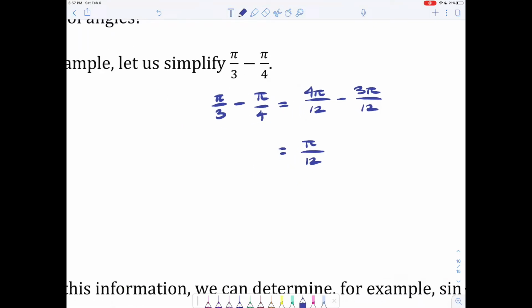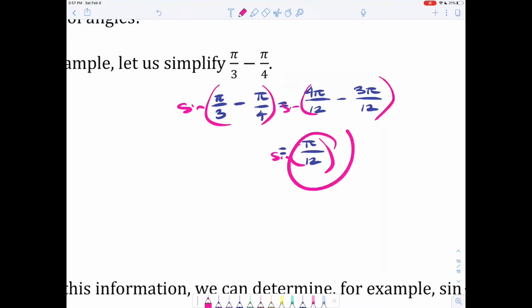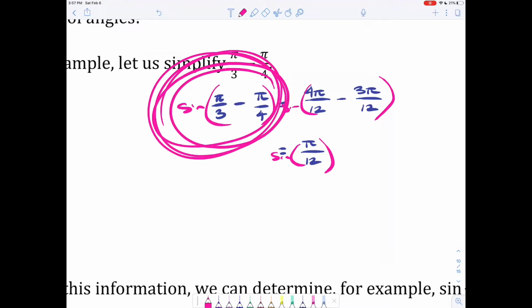The thing is, we could apply something like tan or cosine or sine to something like this, and thus be able to find sine of pi over 12 because we have a difference identity that allows us to evaluate a difference of angles.